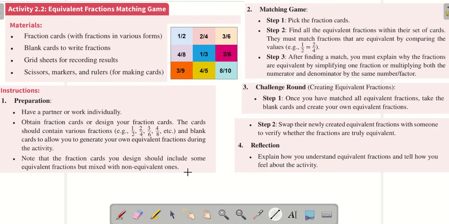Activity 2.2 is under the equivalent fractions matching game. So I will entreat you to pause the video and read through these questions and the instructions carefully. Then you play the game in order to boost your understanding of fractions.